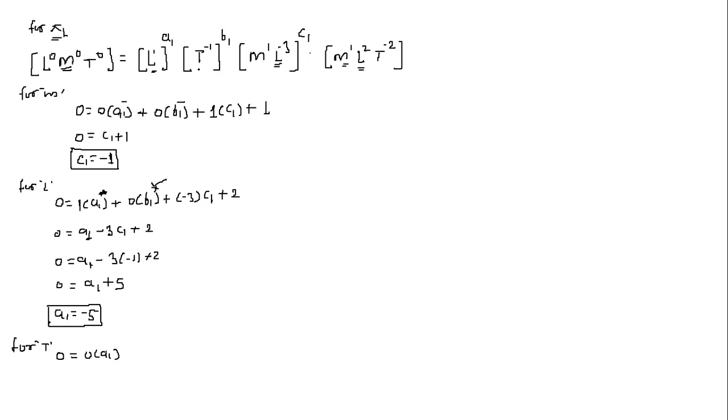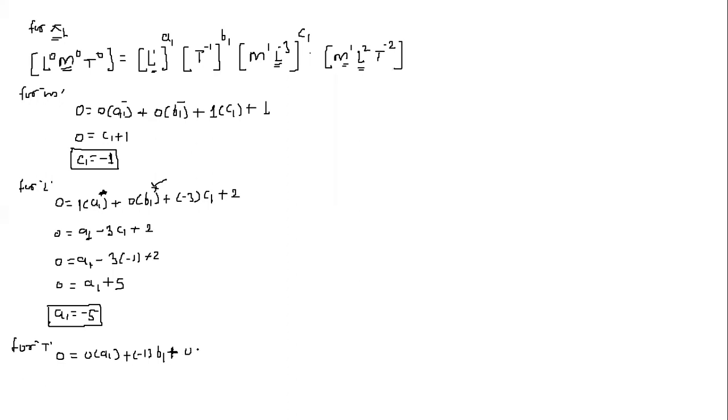In the second term T is there, so what will be the multiplying factor here? -1 into B1, plus, in the third term do we have T? No, it will be 0 directly.